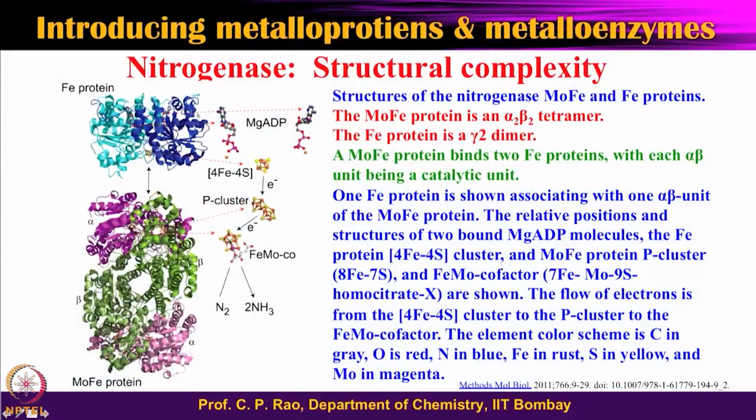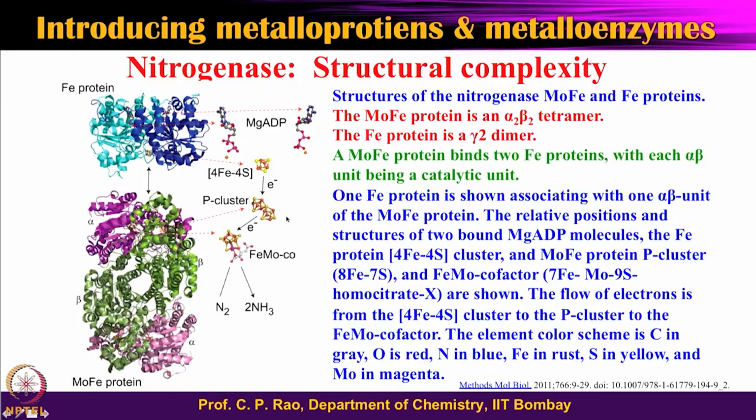Now, whatever I told earlier about the iron protein and the Fe4S4 cluster, MgATP or MgADP, and then the P cluster and the FeMoCO is seen here. You can see very nicely this portion is the iron protein, this portion the iron molybdenum protein, and this protein has the Fe4S4 cluster. It also has the MgADP, MgATP binding site, and this particular part of the enzyme has the P cluster.